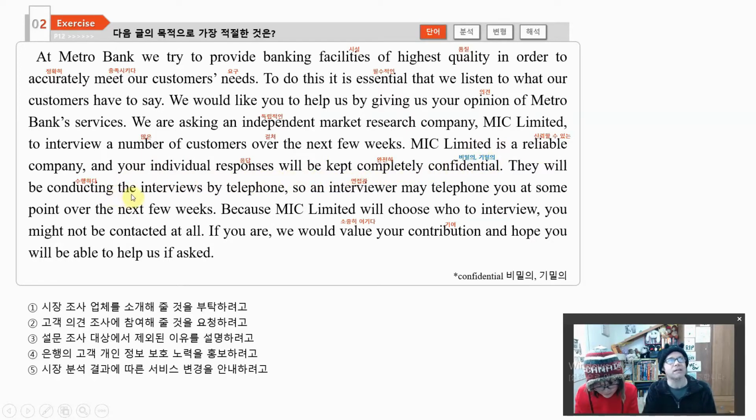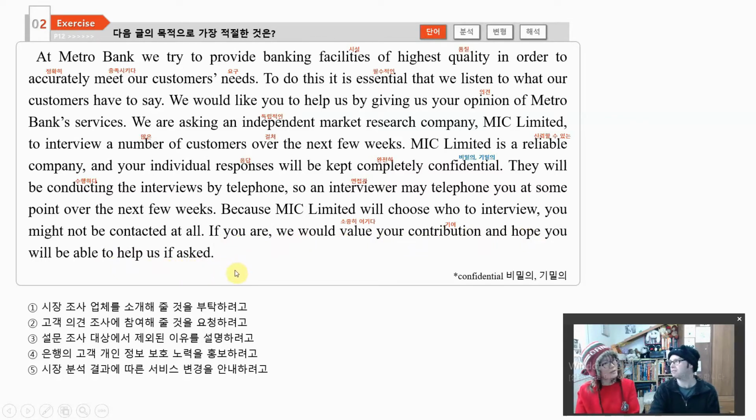They will be conducting the interviews by telephone, so an interviewer may telephone you at some point over the next few weeks. Because MIC Limited will choose who to interview, you might not be contacted at all. If you are, we would value your contribution and hope you will be able to help us if asked.